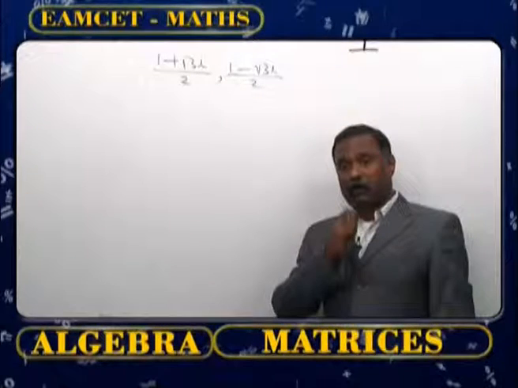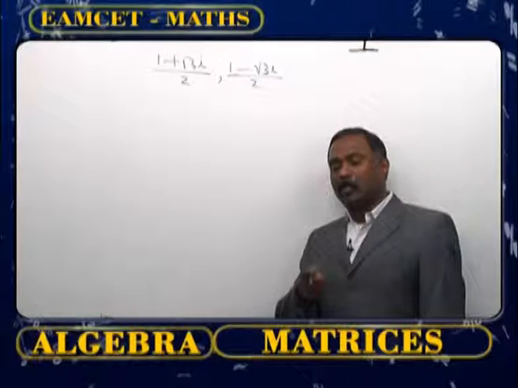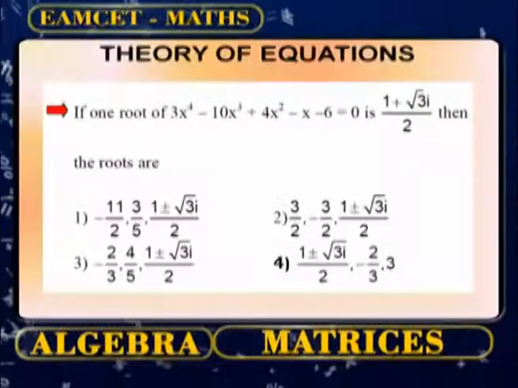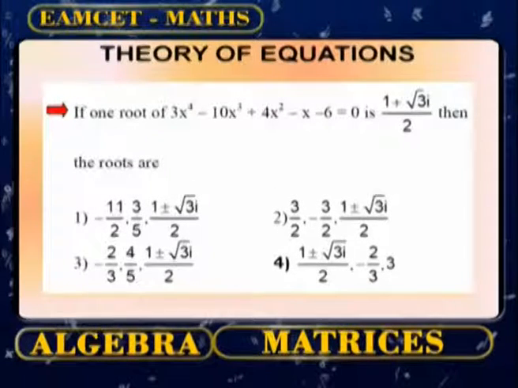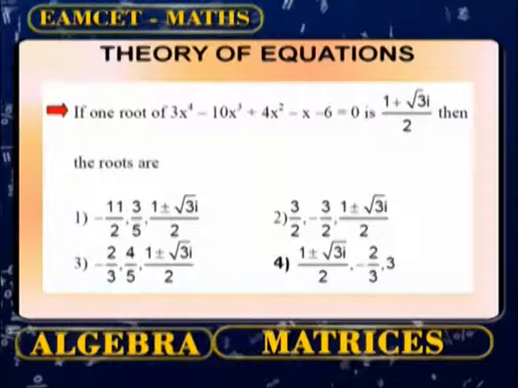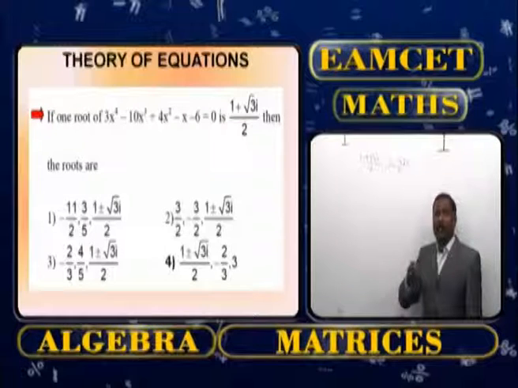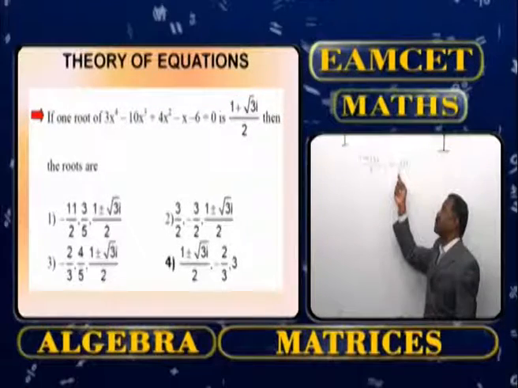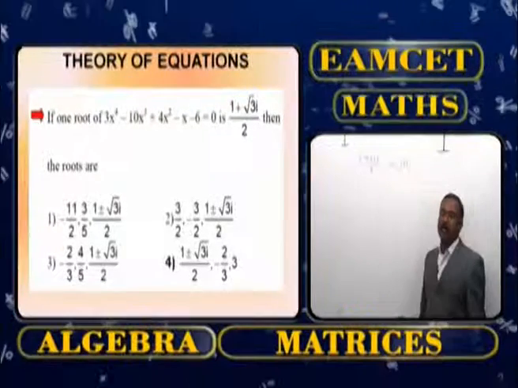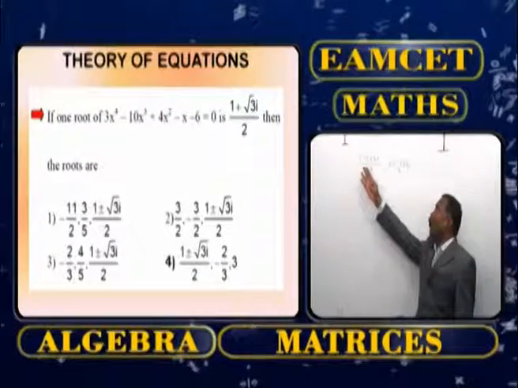Because you can clearly see that all the coefficients are rational only: 3, minus 10, 4, minus 1, minus 6. They are all rational, and because they are rational, if one of the roots is a complex root, you must have its conjugate also as a root. So the roots must contain 1 plus or minus root 3 i by 2.